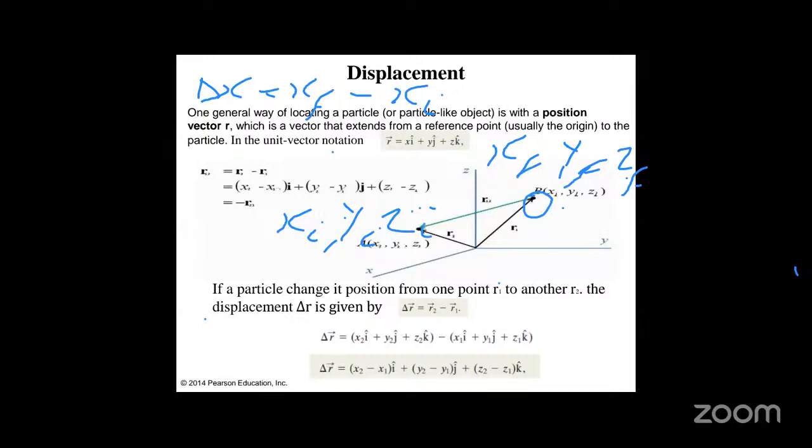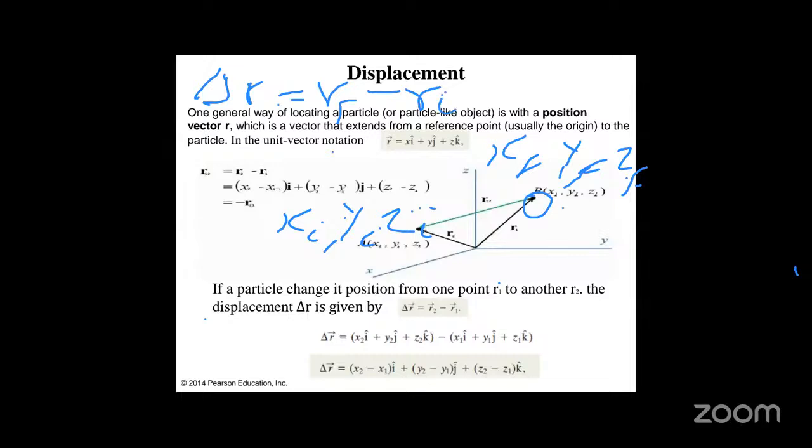So if I write my position vector, that is my displacement, which is change in R, is equal to R final minus R initial.